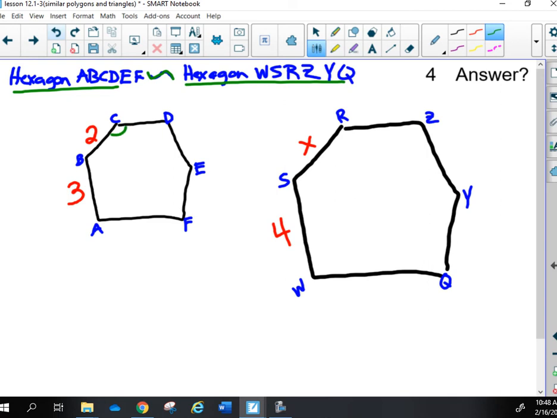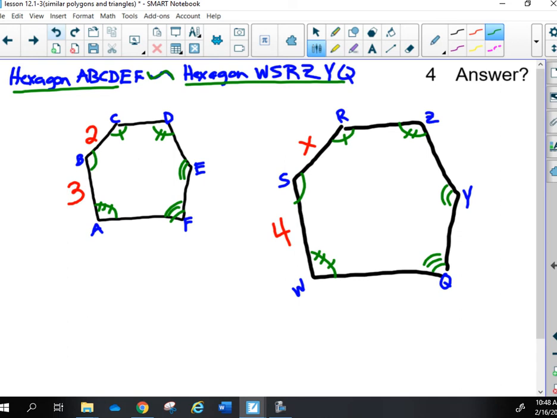So I can come up here and mark all of these angles equal all the way around. This is kind of getting boring to do, but there we go, because that rule right there said that they were similar.